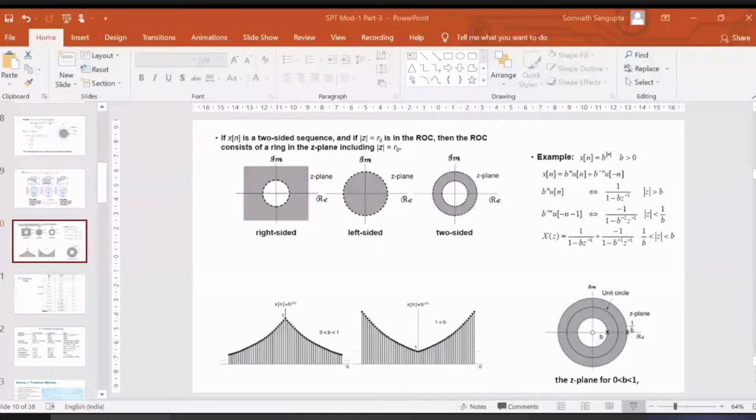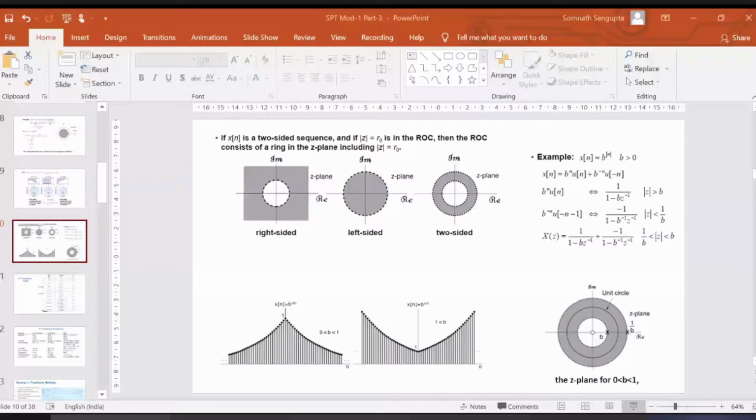Mod z greater than a, because z is a complex number equal to r e to the power j omega, where radius r is a phasor rotating at frequency omega. Its radius is r, so r is greater than a. That is the exterior of a circle, a region outside of a circle.